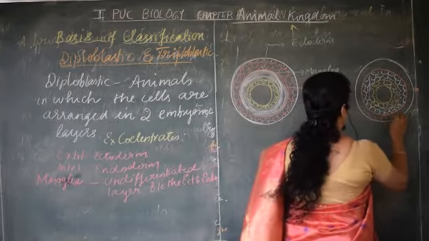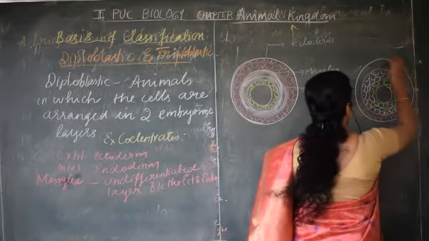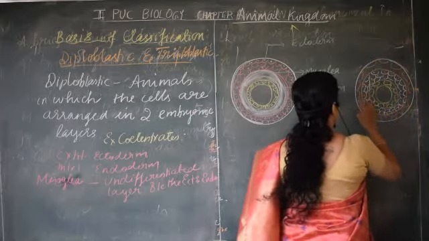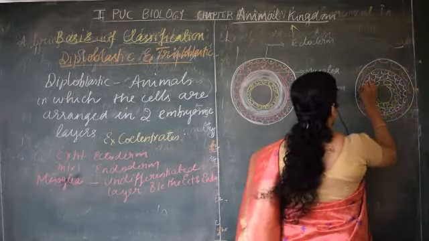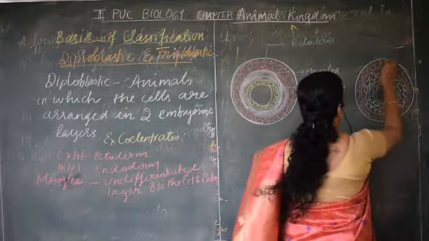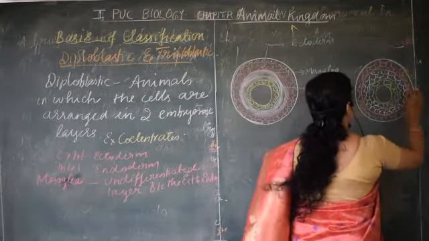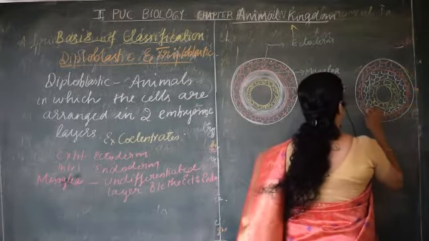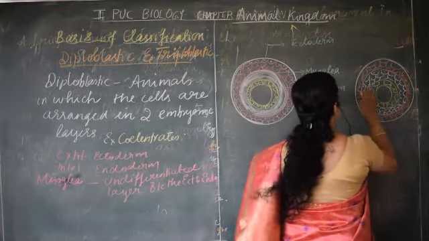So in the triploblastic organization there will be 3 germinal layers. Based on that, some organisms during their embryonic development will have 3 germinal layers, and some of them will have 2 germinal layers. Based on that we can classify.